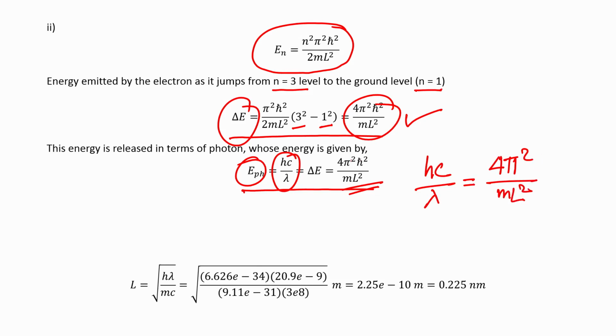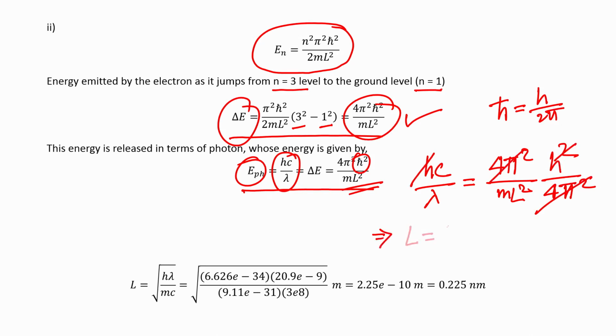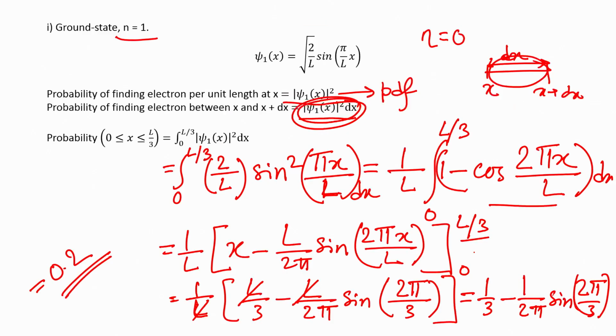Let us convert this h cut into h by 2 pi. H cut is just the reduced Planck's constant, so this is equal to h by 2 pi. Let us plug in this expression here, h square by 4 pi square. So this will be cancelled out, one h we can cancel here, and L will become equal to h lambda by mc. Okay. So now you just plug in the numbers given in the problem.